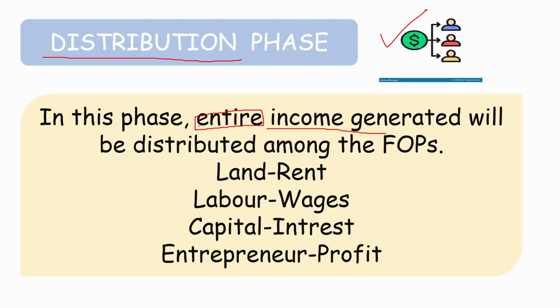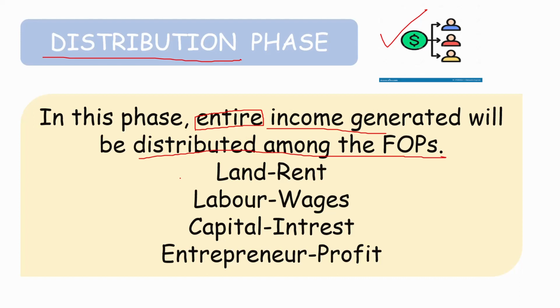That means not a single penny is being retained by the firms in form of retained earnings, or just as a part to keep to save. Not even a single penny is saved by the firms here. The entire income which is generated in two sector flow is distributed among the FOPs.